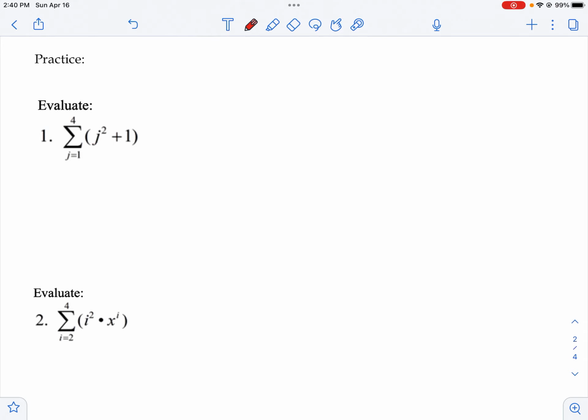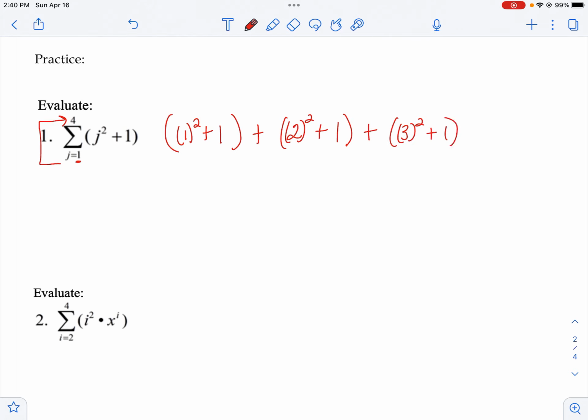So for number 1, here they're using j as the variable instead of n, but if you put it in the calculator, I would have to use n. But let's just first do it without the calculator. I would put every number from 1 up to and including 4. So 1 squared plus 1, 2 squared plus 1, 3 squared plus 1, and 4 squared plus 1.